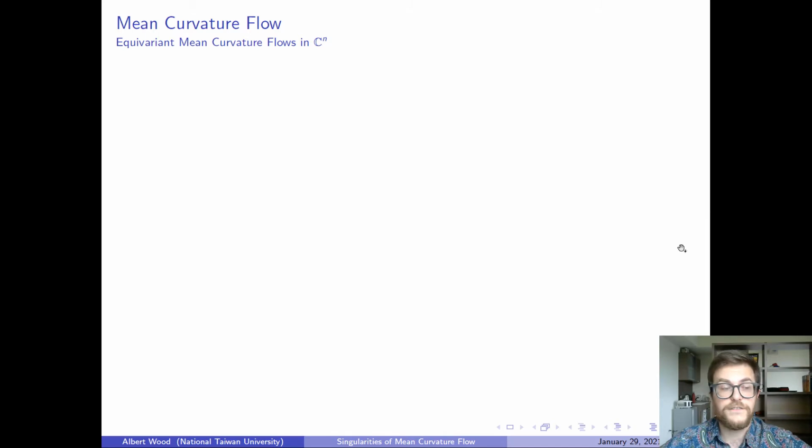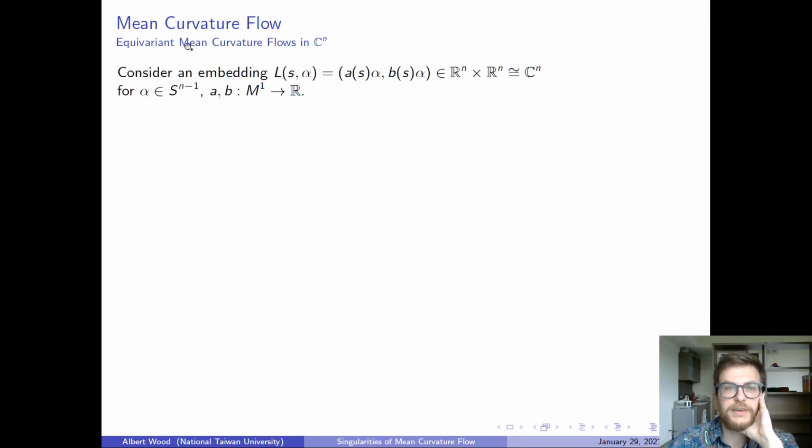So another very nice case to consider, and one that I've been studying quite a lot, is the case of equivariant mean curvature flows in C^n, by which I mean flows with an SO(n) symmetry. Explicitly, we consider an embedding L of S_alpha equal to (A(S_alpha), B(S_alpha)), where we have identified C^n with R^n times R^n, and alpha is a parameter in the sphere S^(n-1) in R^n.